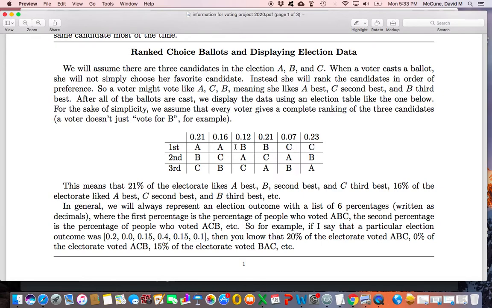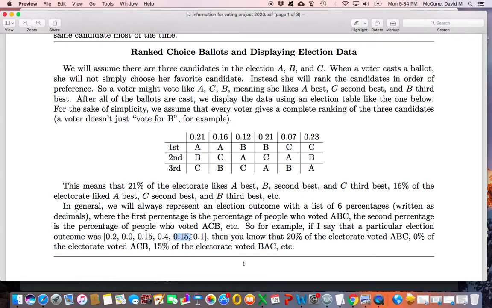In general, we'll always represent an election outcome with a list of 6 percentages written as decimals like this, where the first percentage is the percentage of people who voted like ABC, the second percentage people who voted ACB, and so on. So for example, if I say to you, here's the election, this is what the election data was, you then know that, for example, 10% of the population liked C best, B second best, A last.